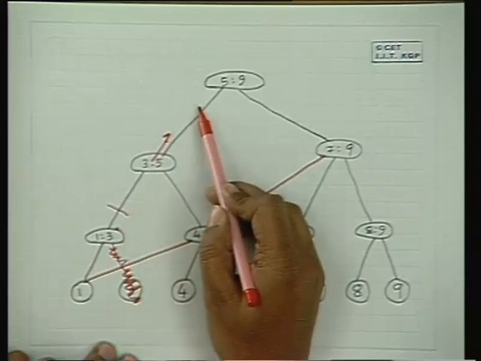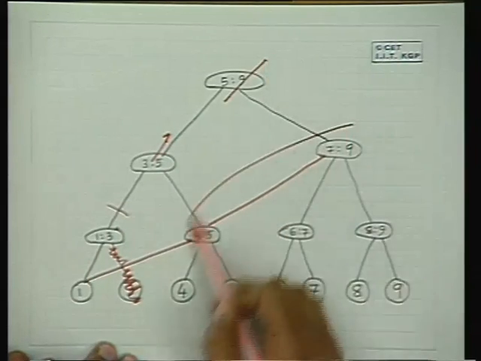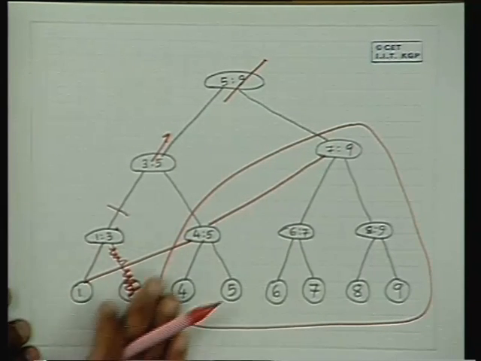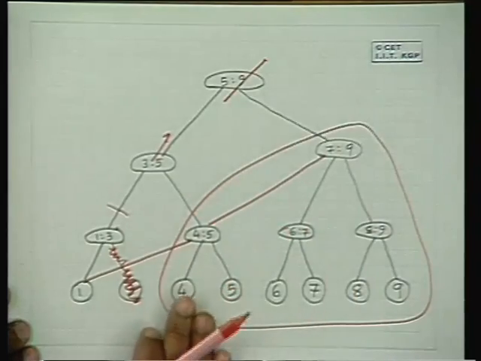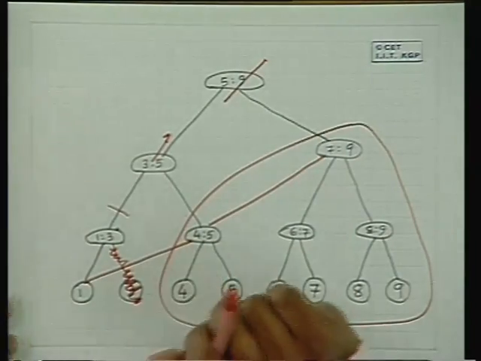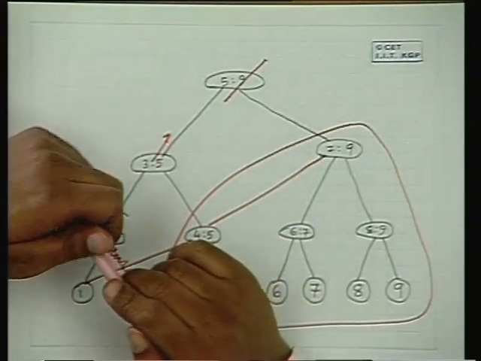And once this gets deleted, the root gets deleted. So you reduce the height by 1. Like you increase the height at certain times, you will reduce the height at certain times. But all these operations move once down to find and once up. So log n plus log n, which will give you log n time.